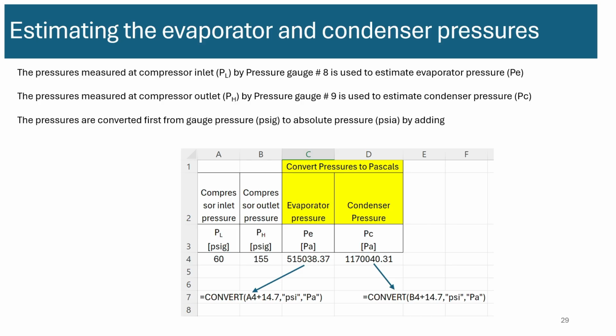You could look up online and use a factor to multiply, but this is one of the easiest ways to do this. Okay, so once you have the pressures converted to pascals, now you're ready to use CoolProp to actually find the evap temperature and condenser temperature.